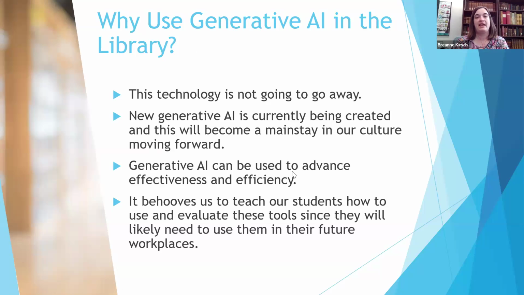So generative AI can be used to advance effectiveness and efficiency, as these tools are stating. They are saying that they can make research more effective and efficient. So you'll have to explore these tools yourself and see if you agree with that. It does behoove us, in my opinion, to teach our students how to use and evaluate these tools, since they'll likely need to use them in their future workplaces.